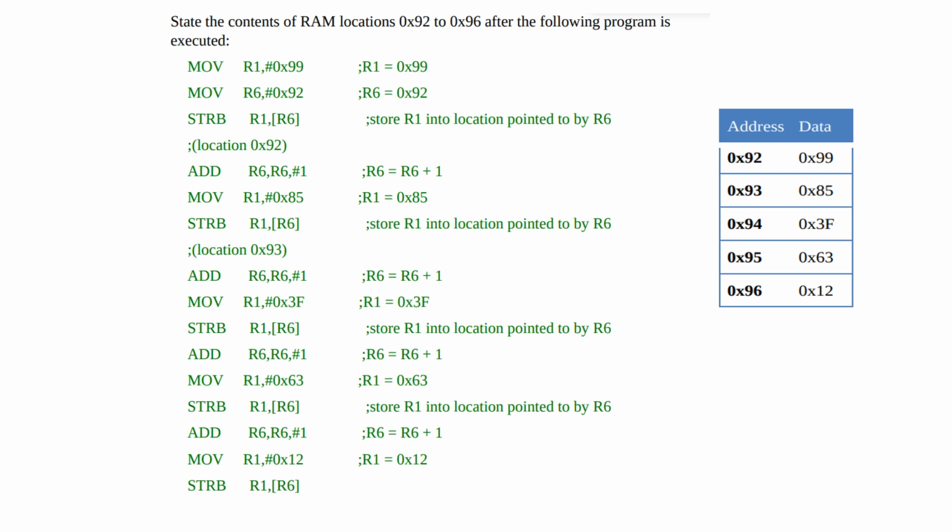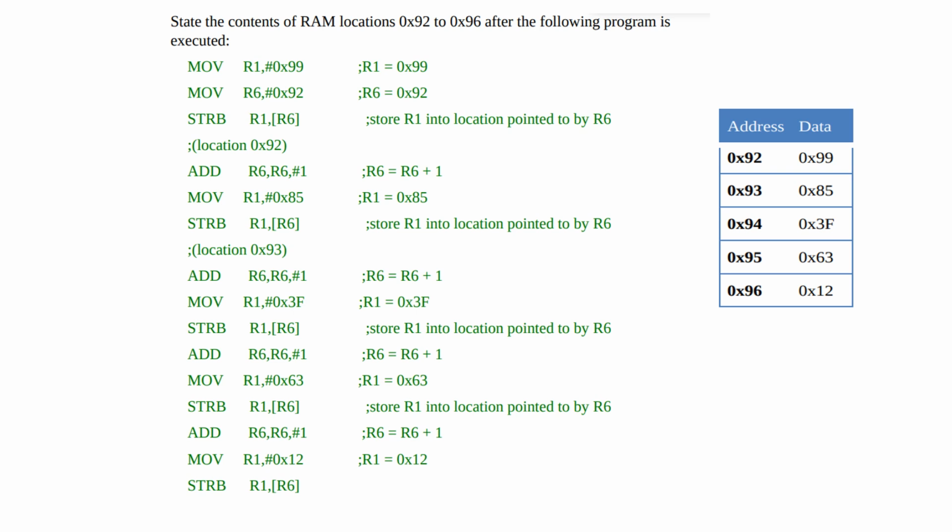Then again ADD R6, #1, that is R6 will be incremented by 1. Now it becomes 95. MOV R1, #0x63, so R1 becomes 63. STRB R1, R6, where R1, which has value 63, will enter into the location pointed to by R6, that is location number 95.